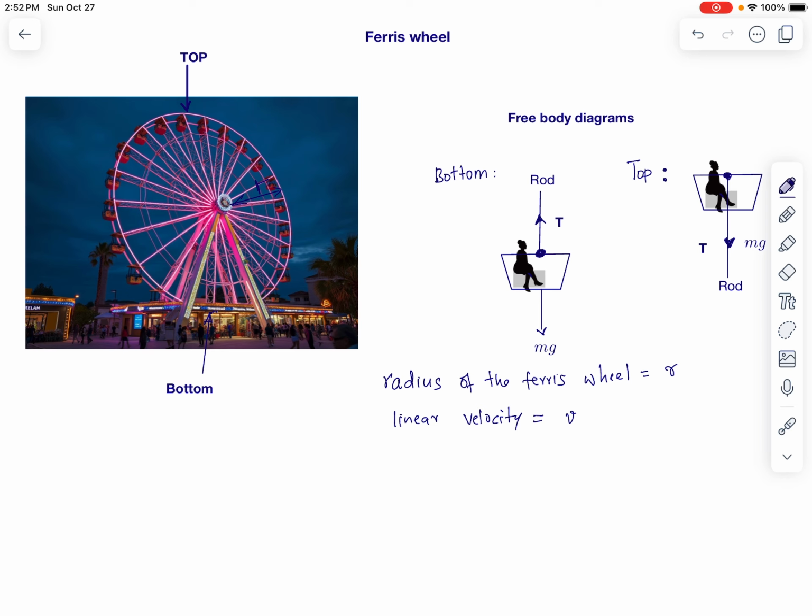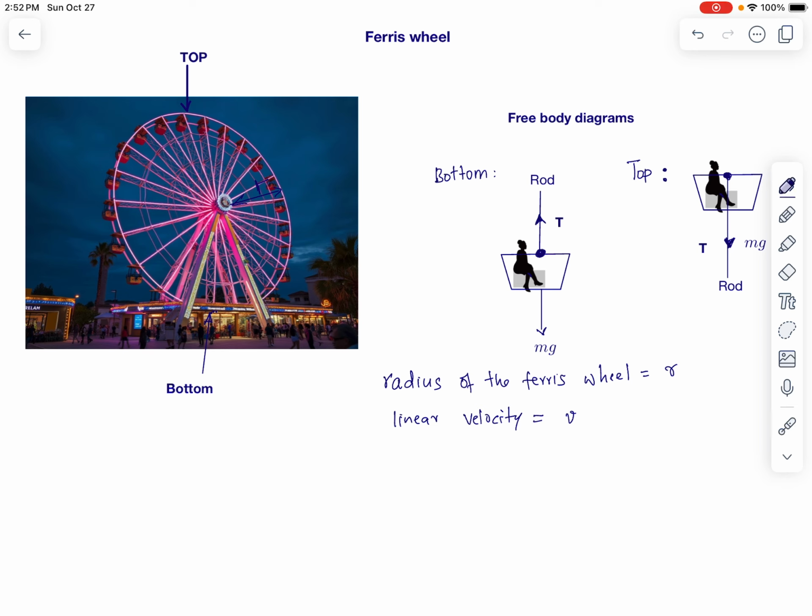If we look at the free body diagram here, at the very bottom, the weight of the gondola and the person acts straight down, and that equals mg. The tension in the rod keeps the gondola in place, so it acts upwards.